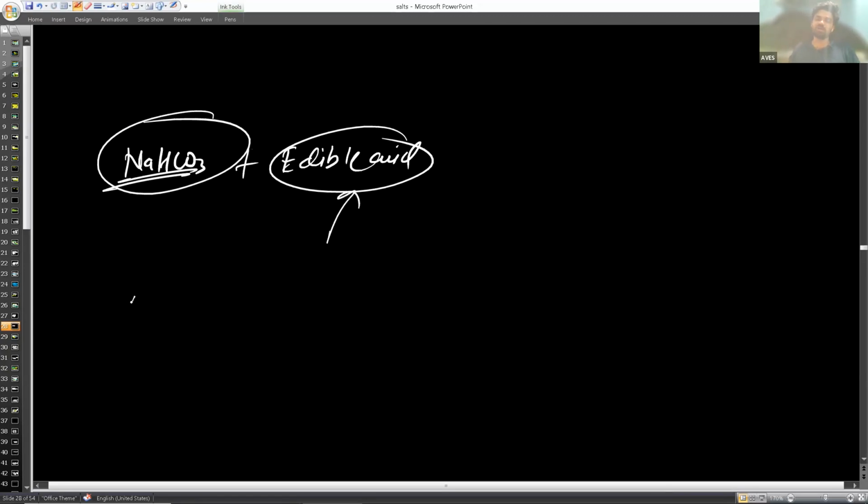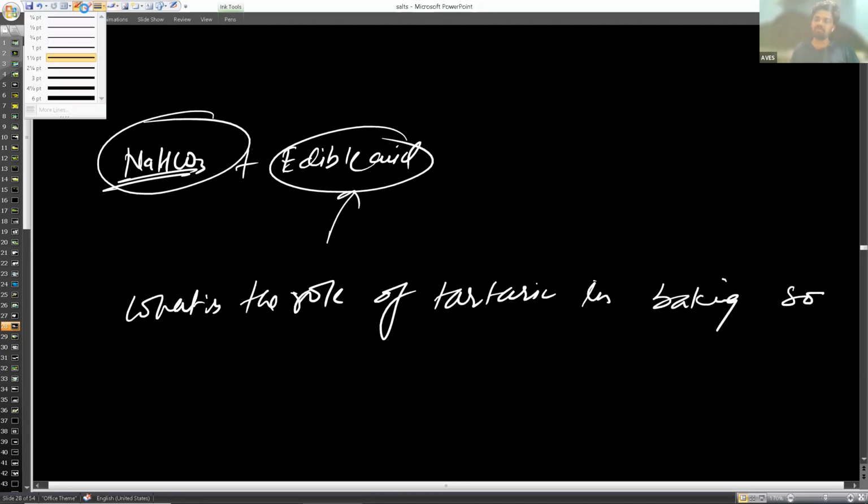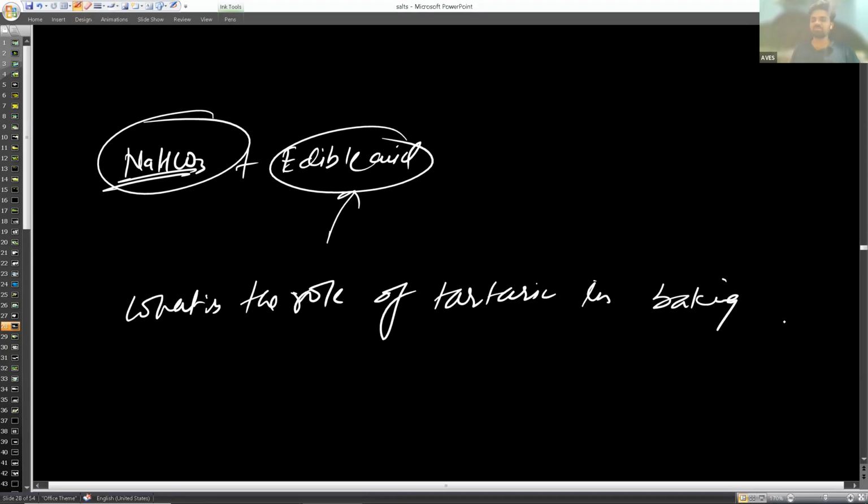The question is, what is the role of tartaric acid in baking powder? For cooking purposes, sir. Yes, we use it for cooking. To remove the bitter taste.